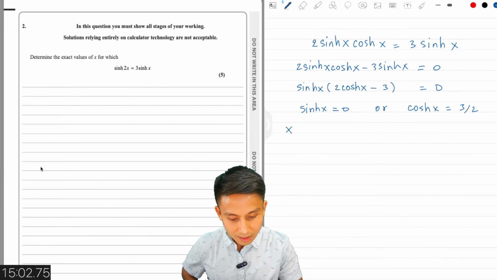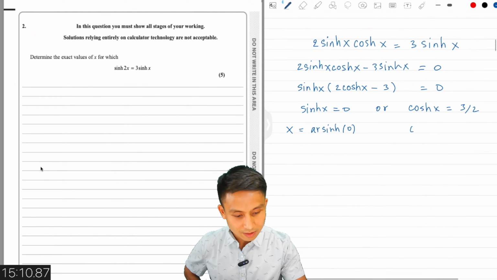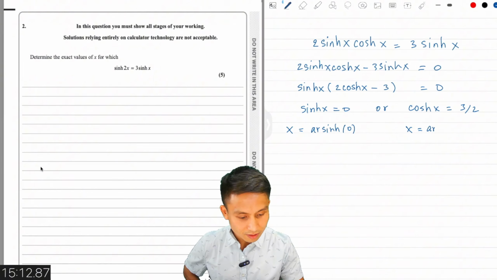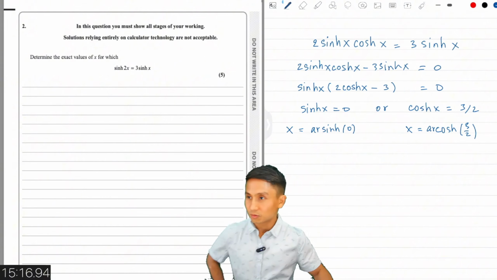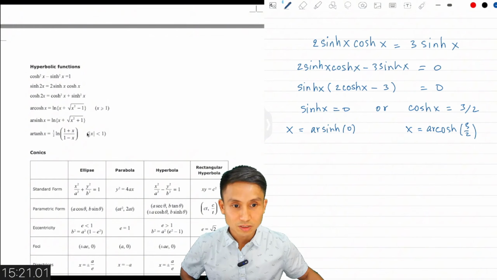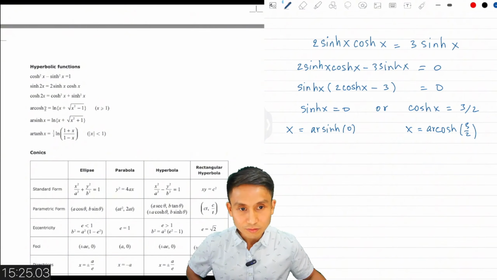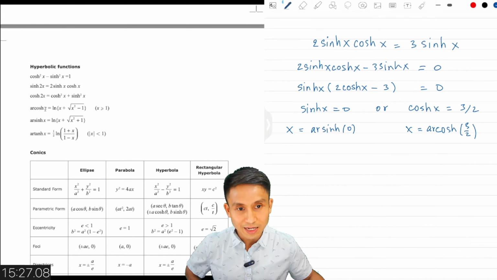So here x is arc sinh 0, and here x is arc cosh 3 over 2. And I'm just going to go to the formula sheet again. Here we go. So as you can see, we have the formula here. Now the condition is that for cosh here, x has got to be greater than 1, right? So when you put in the argument there, yeah.